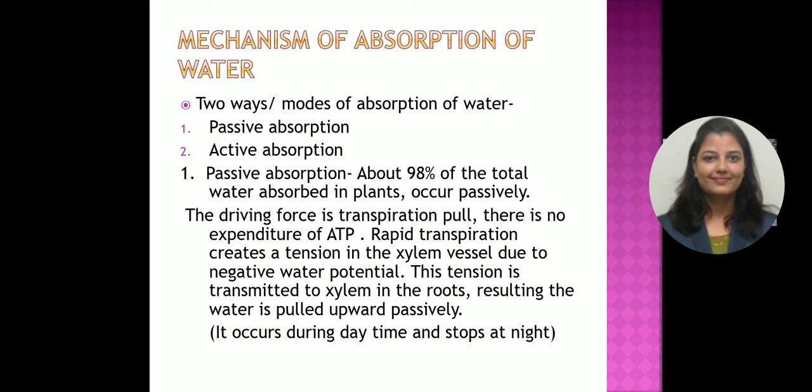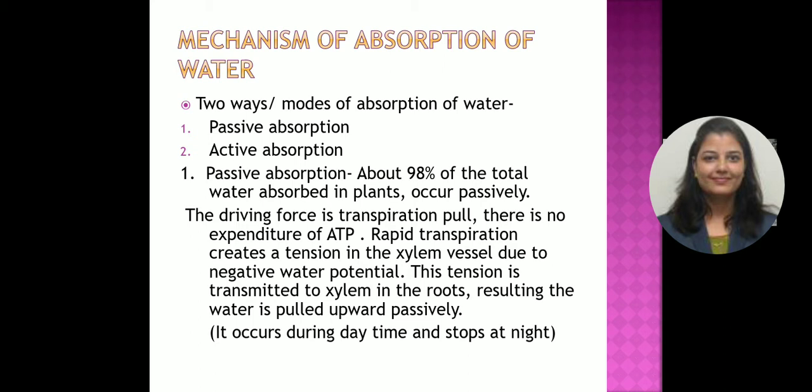About 98% of the total water absorbed in the plant occurs passively. This is really important. The driving force is transpiration pull, there is no expenditure of ATP, no energy is required.